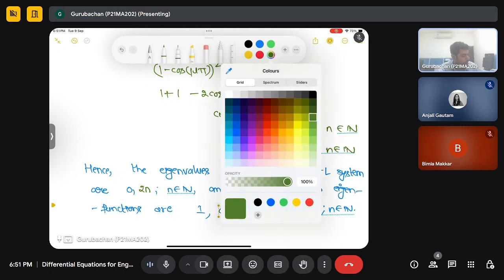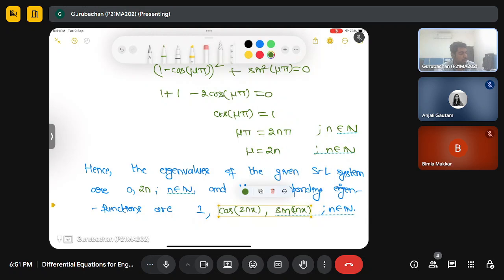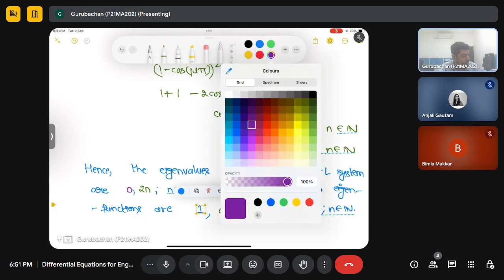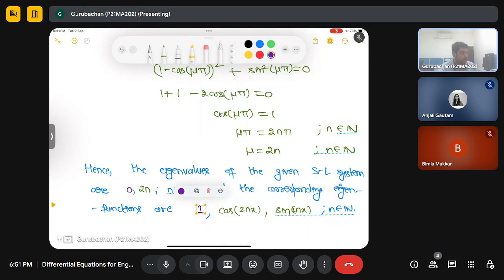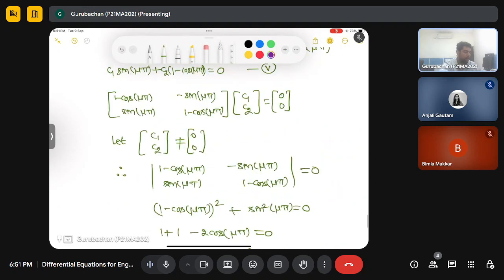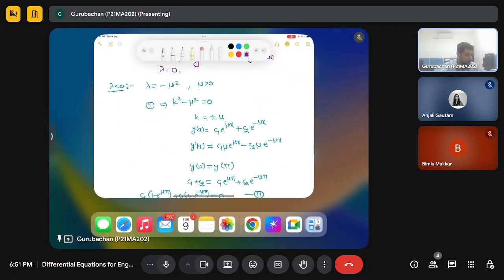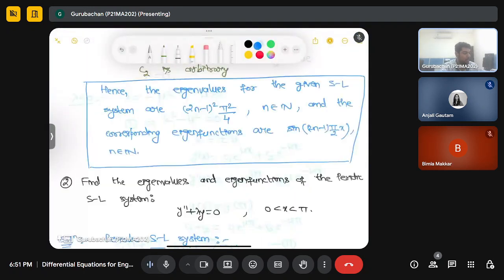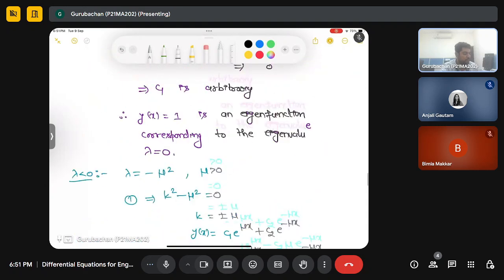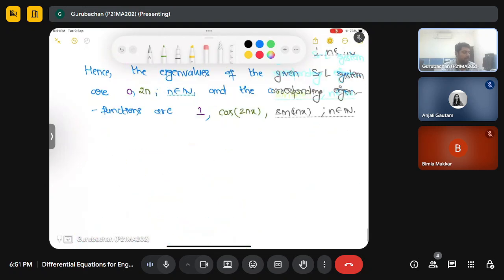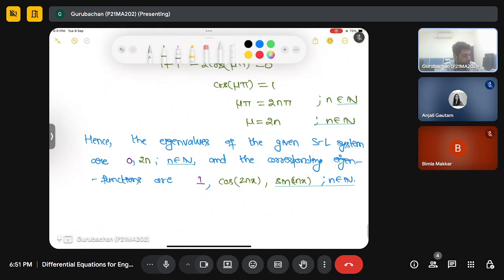Okay, and 0 is an eigenvalue, and its corresponding eigenfunction is this. I hope till now it's clear, the corresponding eigenvalue and eigenfunction we got here.